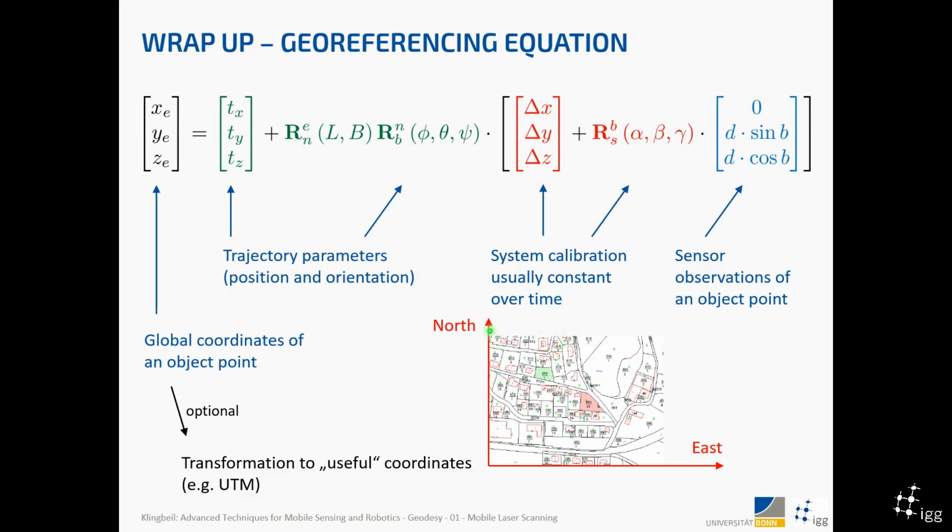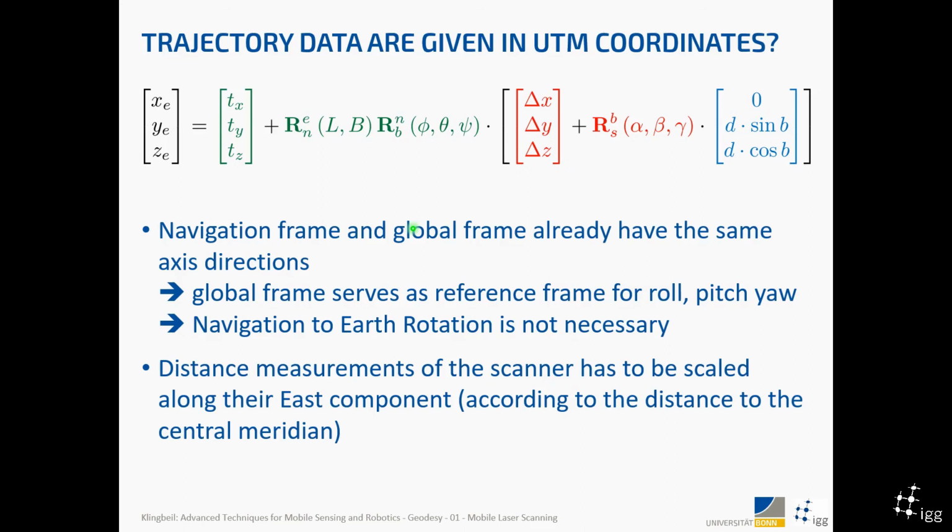Good. One thing at the end which I want to point out, which may also help to understand the whole thing a bit better, is what happens if the trajectory data are given in UTM coordinates. So far, we said that the Euler angles are between body and navigation, and that Tx, Ty, Tz are given in ECEF coordinates, right?